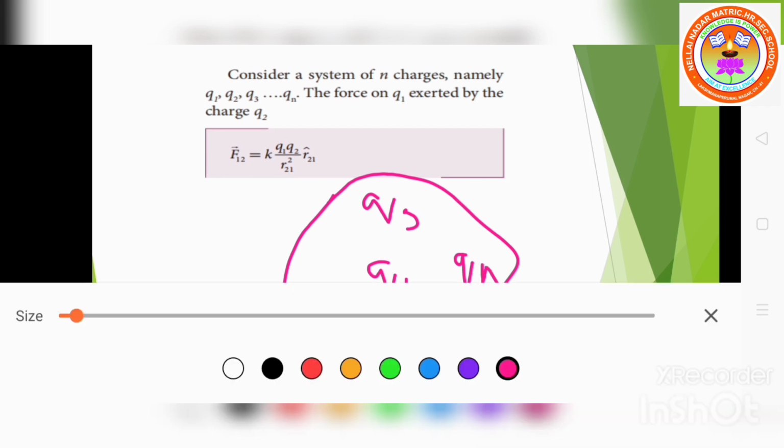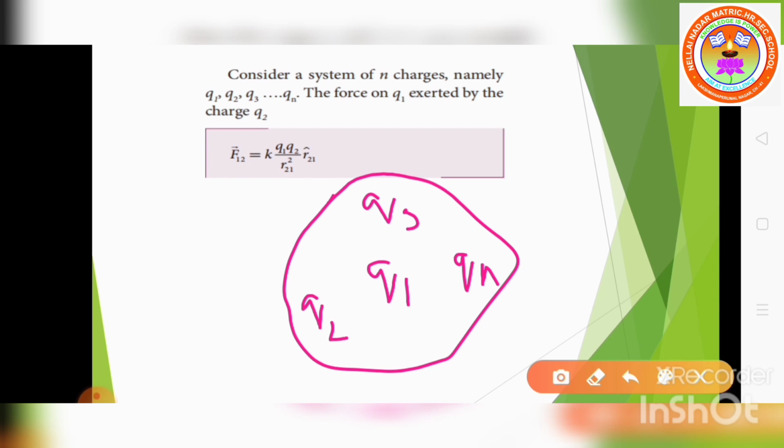Now I want to calculate the force exerted on the charge Q1 by all other charges. First, I am going to calculate the force on Q1 exerted by the charge Q2.